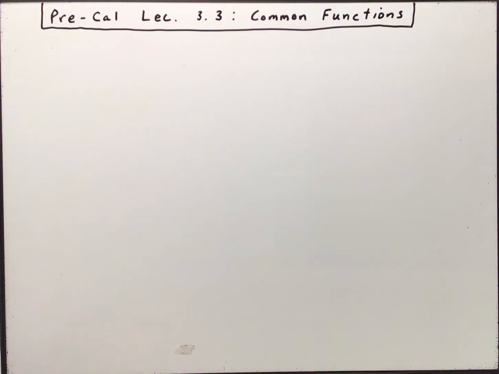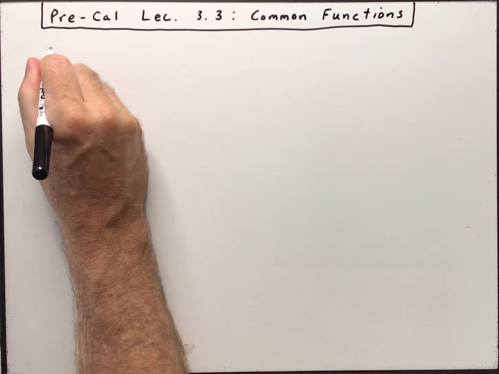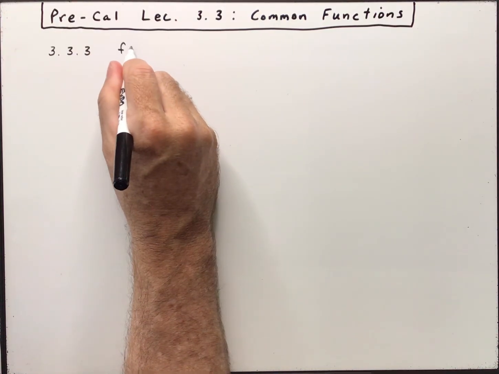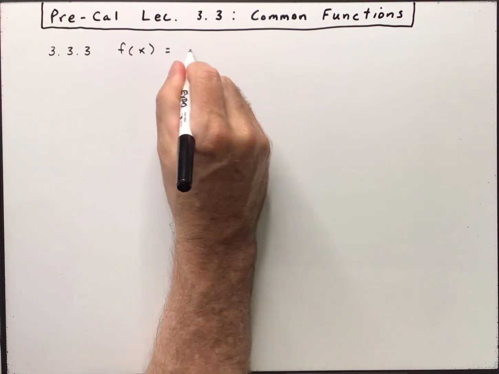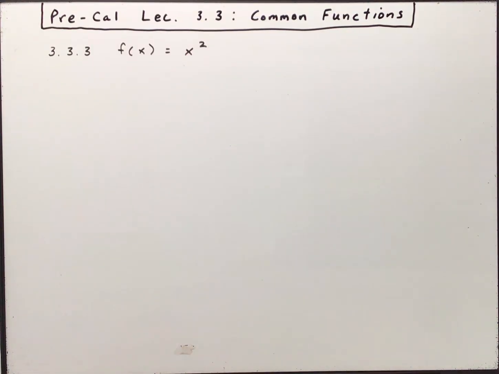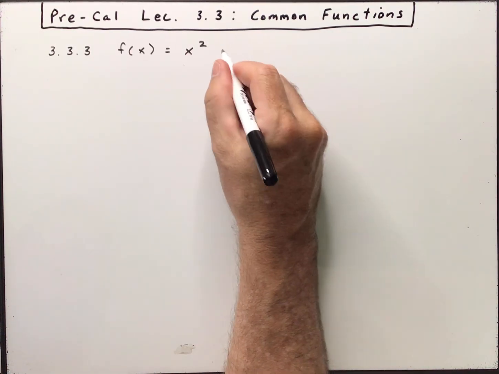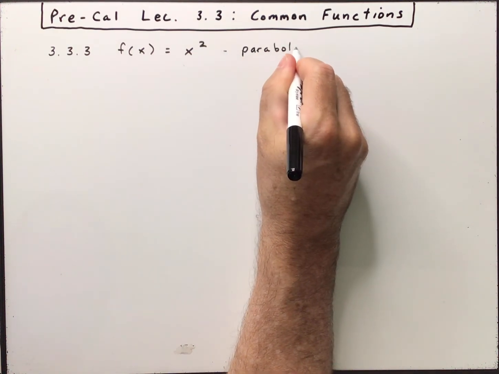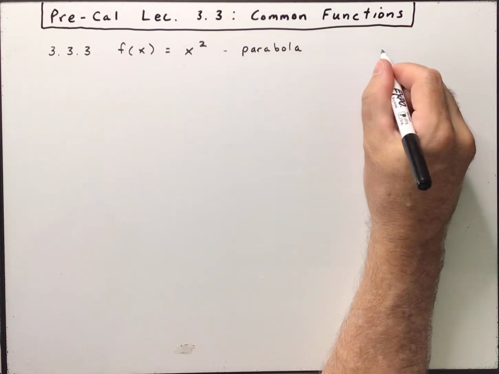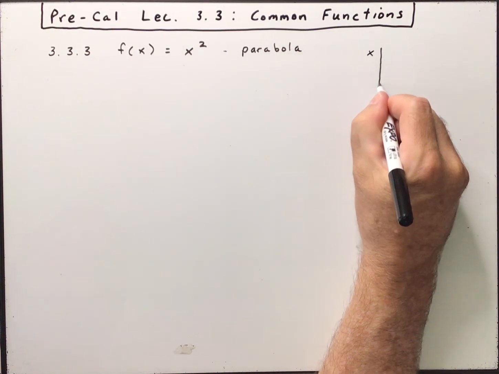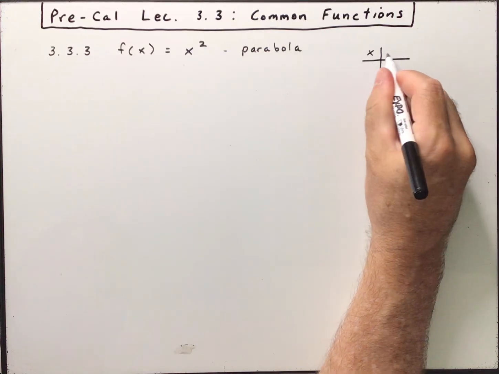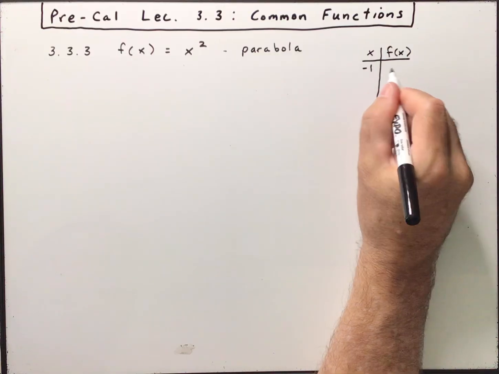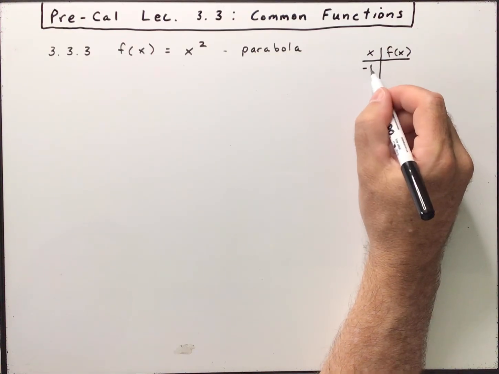Okay, let's do 3.3.3. And that is going to be f of x is equal to x squared. Now you might remember from your algebra classes that this is a parabola. So if we're going to plot or put a table of values, if x is -1, f of x is -1 squared, right?